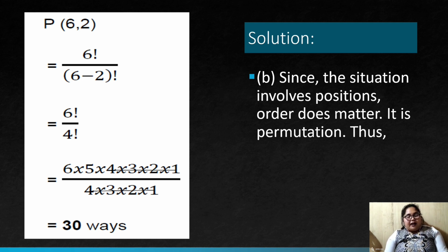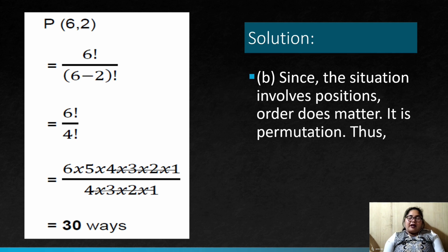Simplifying, 6 times 5 times 4 times 3 times 2 times 1 over 4 times 3 times 2 times 1. We cancel the 4 times 3 times 2 times 1 in the numerator and denominator, so the remaining is 6 times 5. Therefore, the answer is 30.